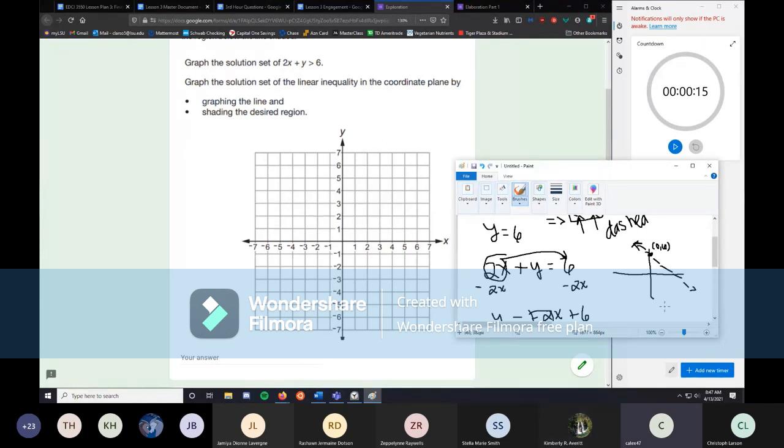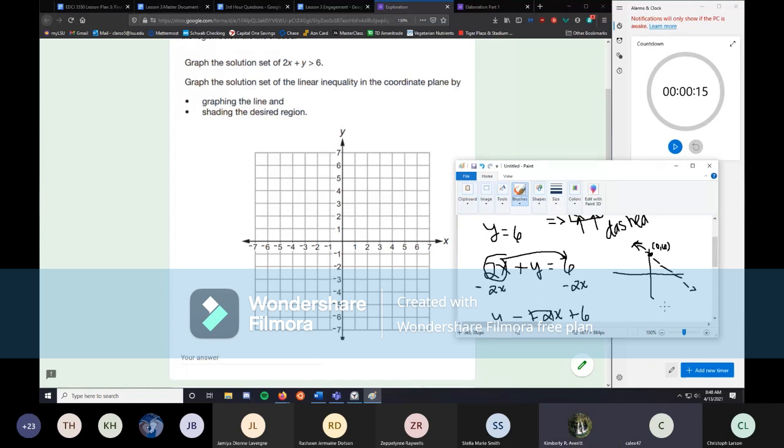So if we consider shading on the right, how can we check that is true? Madison, can you tell us why you think it will be shading right, or how can we check that is true?